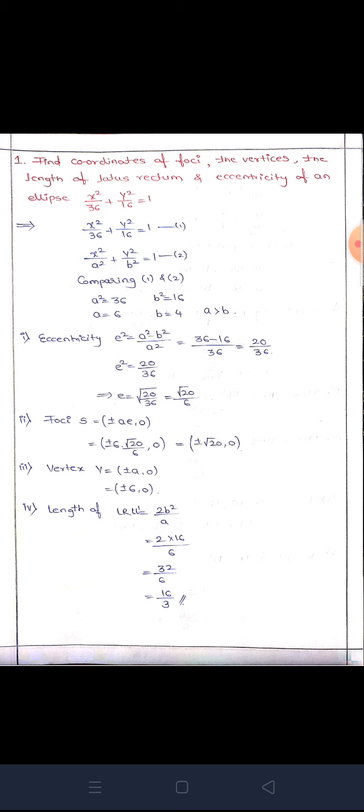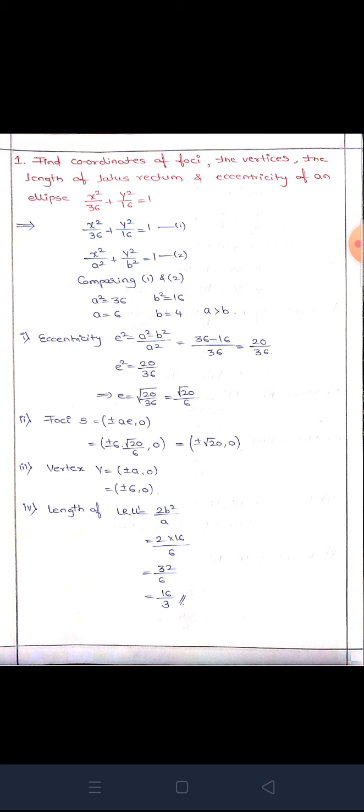Compare it with the standard equation of the ellipse, x squared divided by a squared plus y squared divided by b squared equals 1. Now compare the values of a squared and b squared. a squared is 36, b squared is 16. So a equals 6, b equals 4. So here a is greater than b.